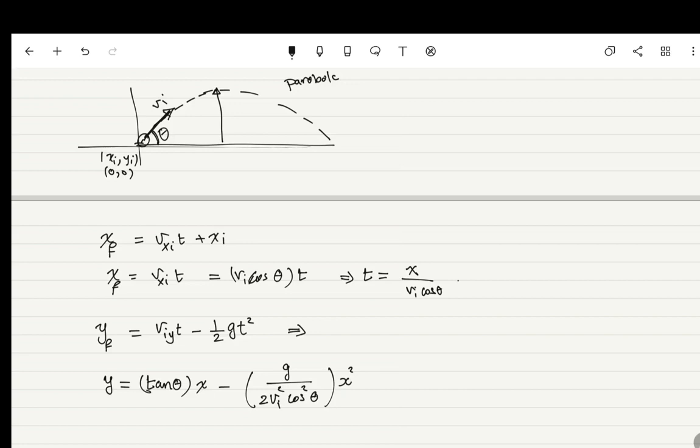If we look deeply into this equation, it's similar to the general formula for the parabola, y equals ax minus bx square, and this is the parabola equation. So the trajectory is a parabolic path.